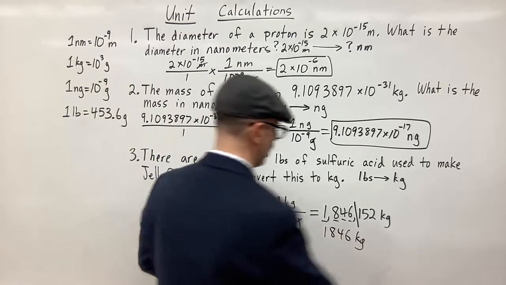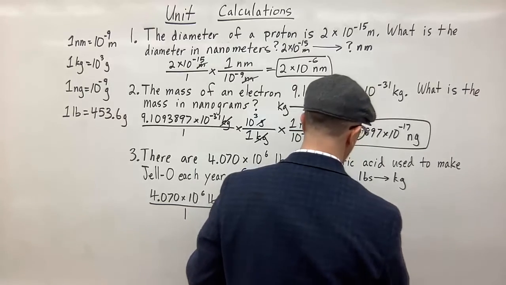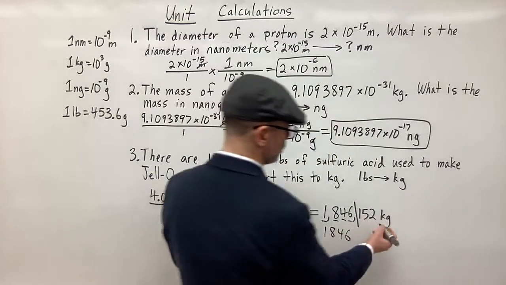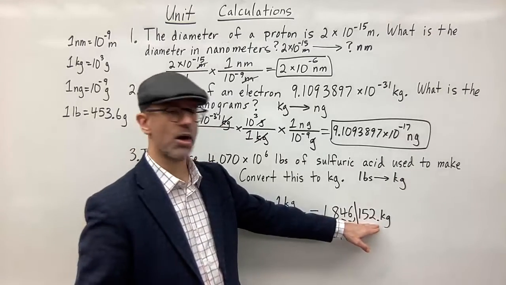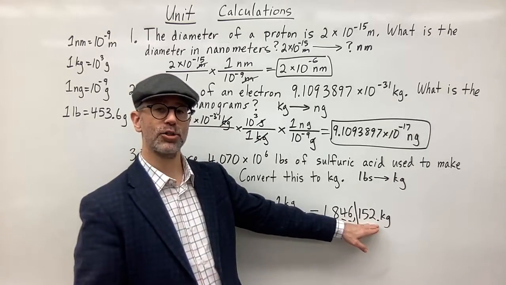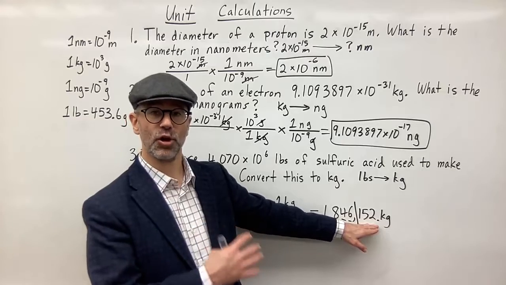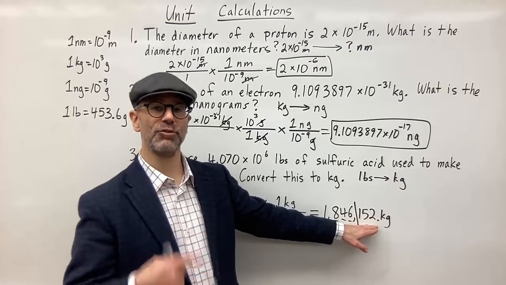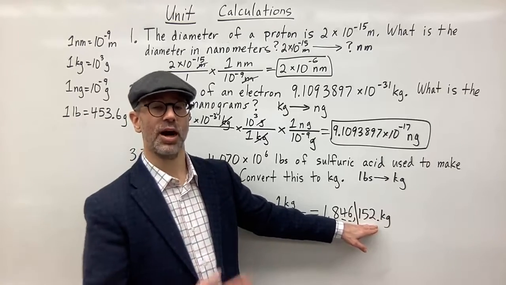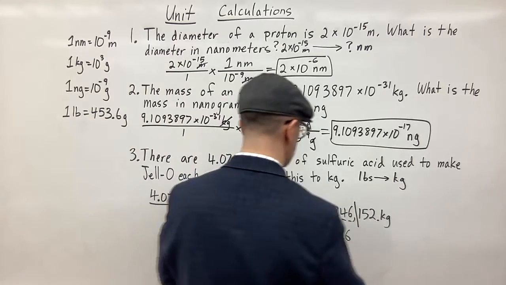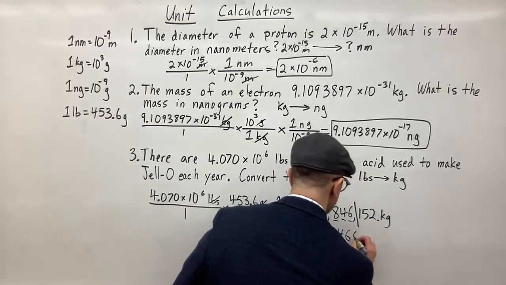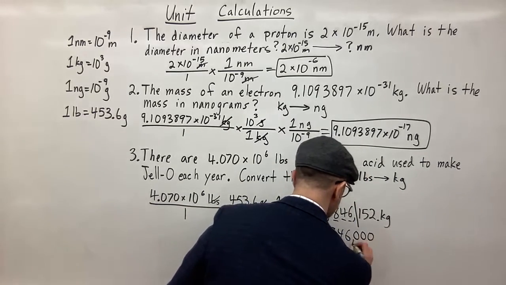So you don't want to do that. So whenever you drop off digits that are to the left of your decimal point, you have to replace those with zeros. Otherwise, your number is going to be way off. So we have to replace the 152 with 0, 0, 0.